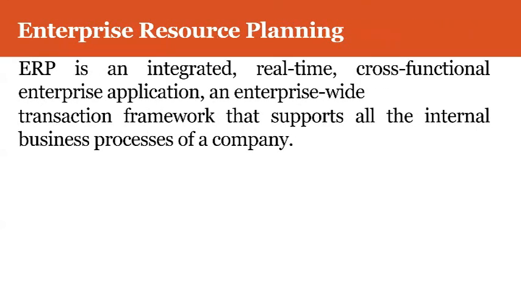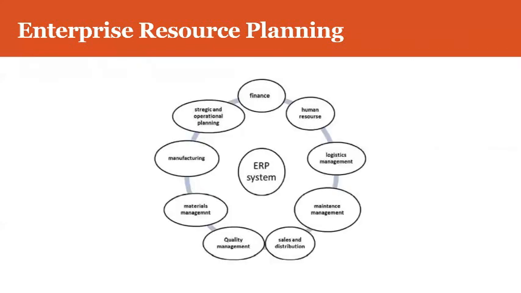Okay. Let's proceed with ERP, or Enterprise Resource Planning. So ERP is an integrated, real-time, cross-functional enterprise application, an enterprise-wide transaction framework that supports all the internal business processes of a company.